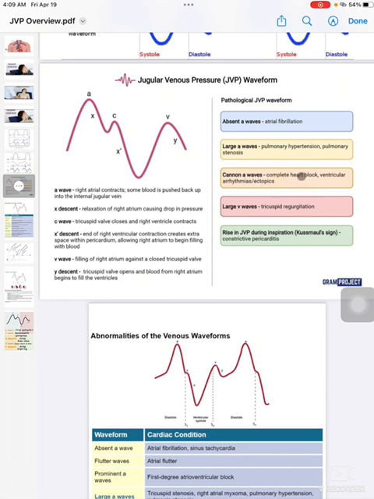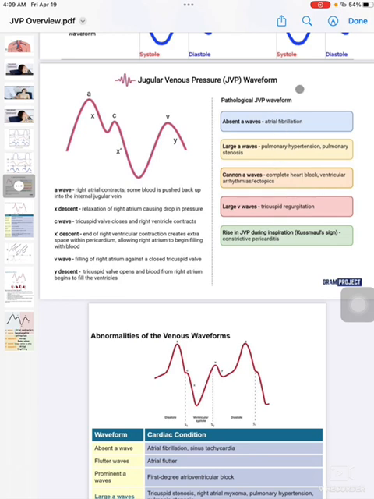Cannon waves are formed in case of complete heart block and ventricular arrhythmias and ectopics. Large V waves are found in tricuspid regurgitation. A rise in jugular venous pressure during inspiration, which is known as Kussmaul's sign, occurs in case of constrictive pericarditis.